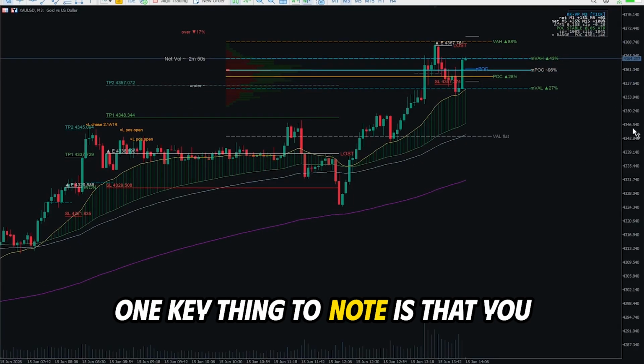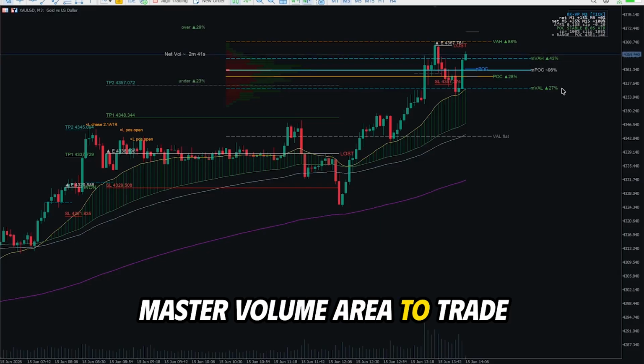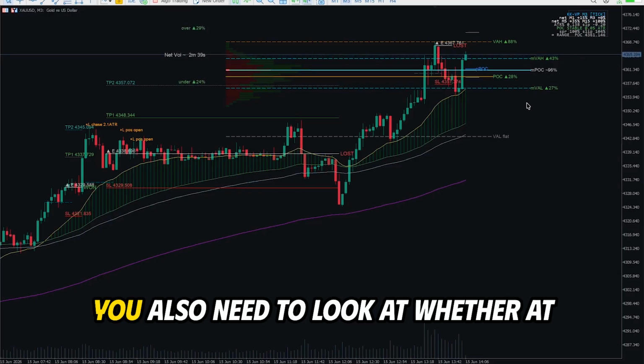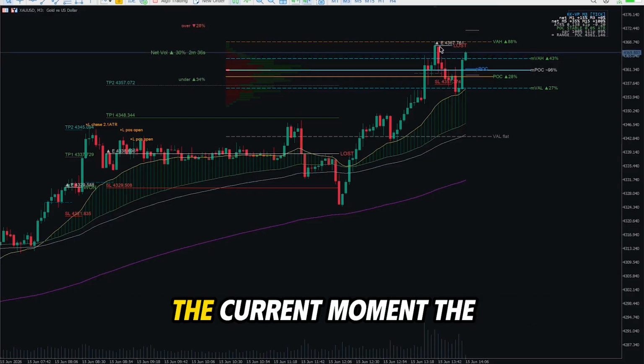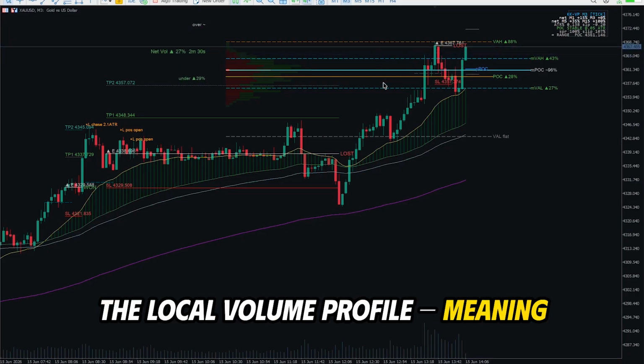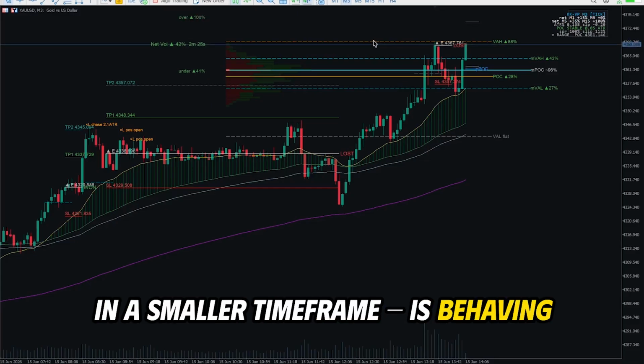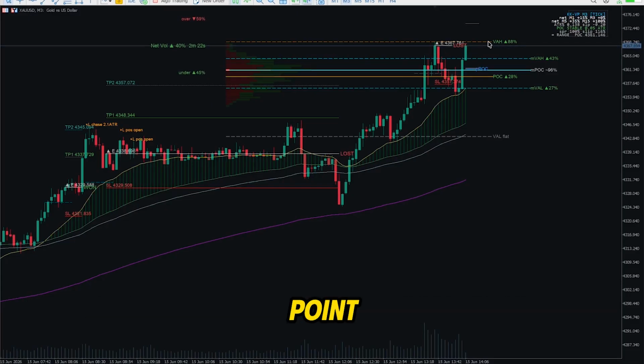One key thing to note is that you should never fixate only on the master volume area to trade breakouts. You also need to look at whether, at the current moment, the volume profile, why? The local volume profile, meaning the price in a smaller time frame, is behaving in what way.